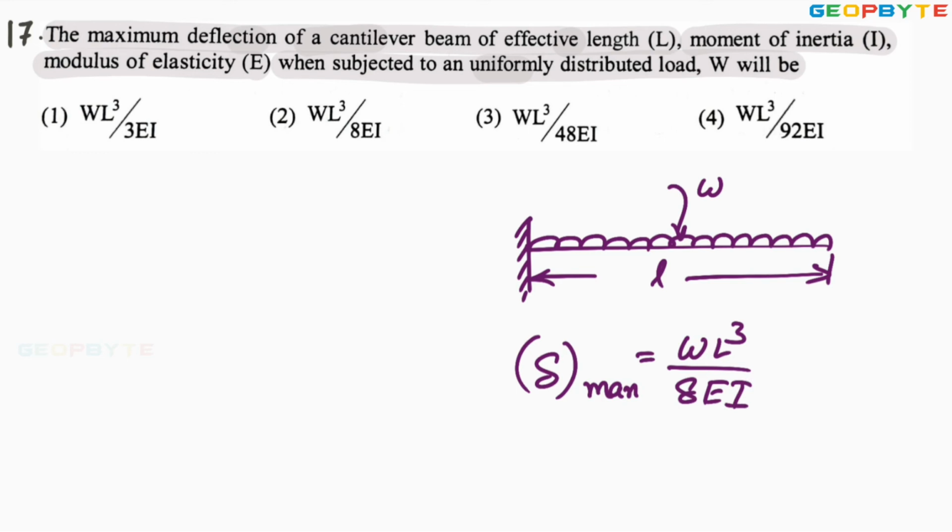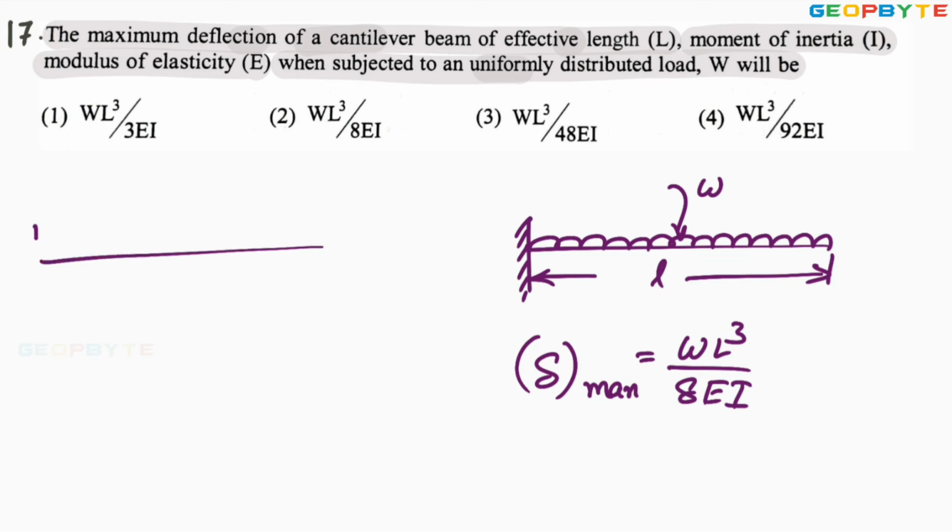Remember, when cantilever beam is subjected to UDL, uniformly distributed load, throughout its length, then maximum deflection is occurring at the free end. The magnitude of that maximum deflection is WL cube by 8EI.